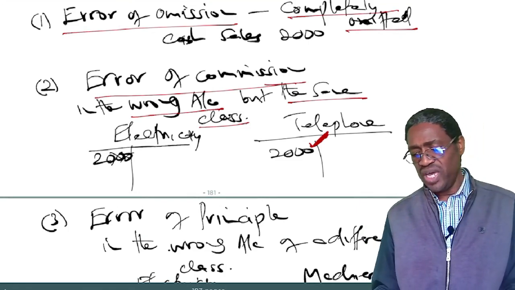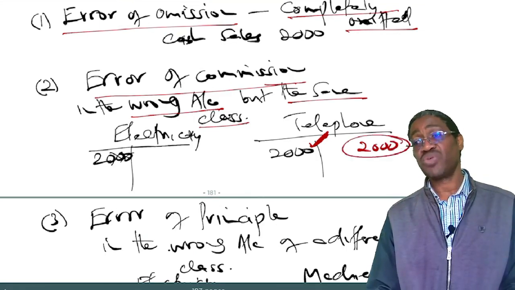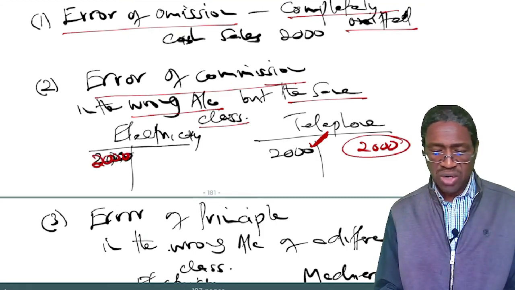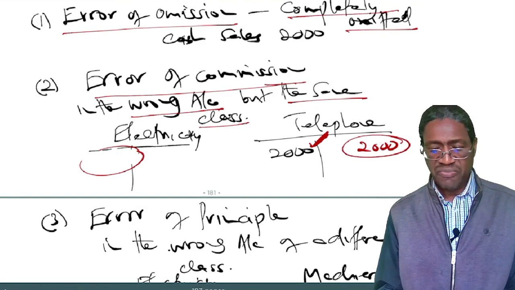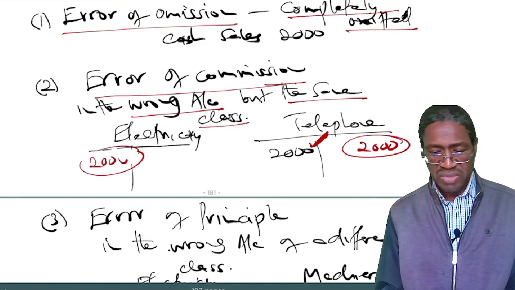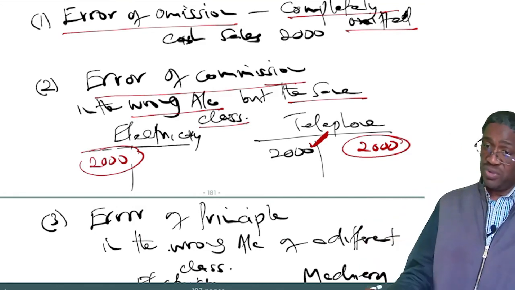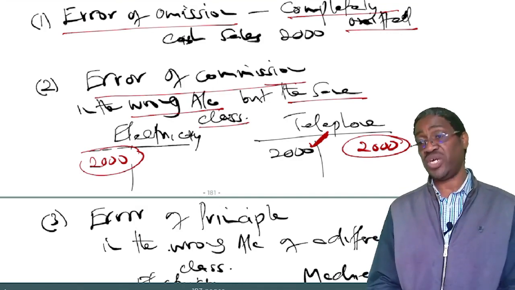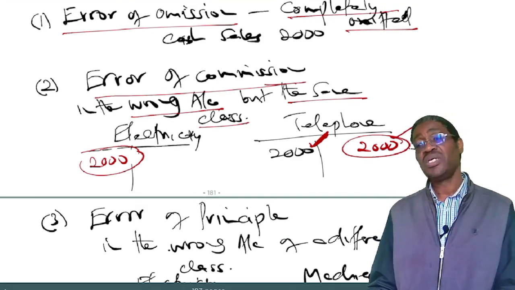So to remove the error, I credit the telephone by 2,000, and now I debit the correct account, electricity, by 2,000. To debit electricity means you are correcting. To credit telephone, you are removing the debit that you made in that account.